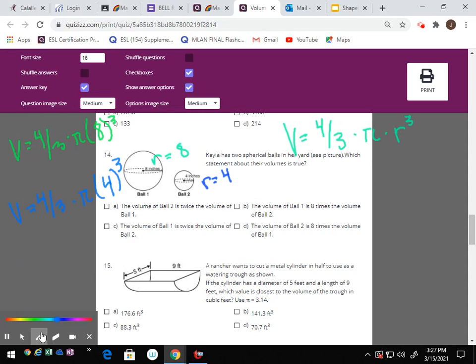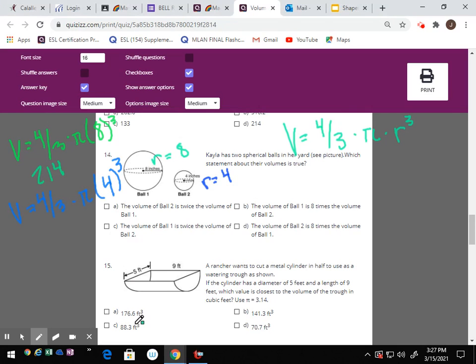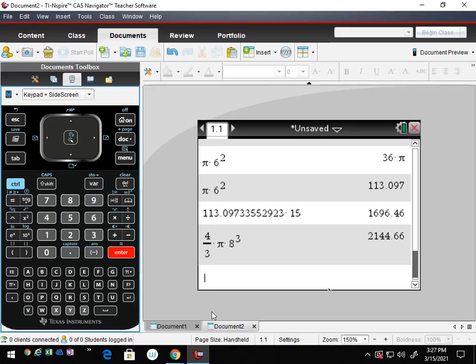So let's go ahead and write that. So we have 2,144.66. And then for our second ball, our volume is, let's find out.